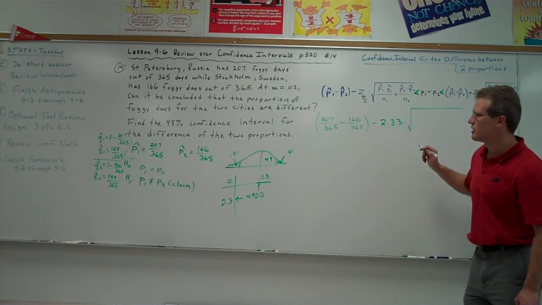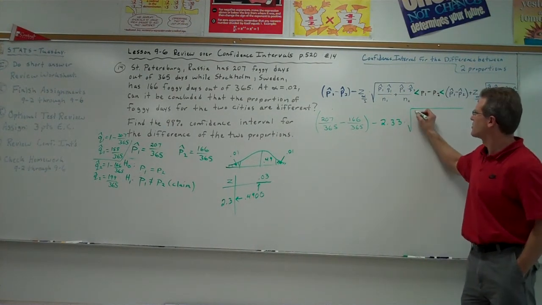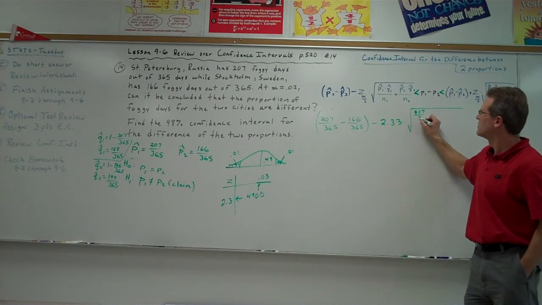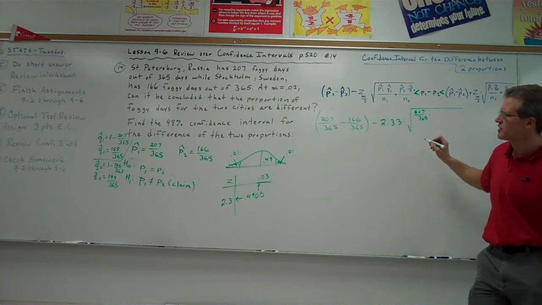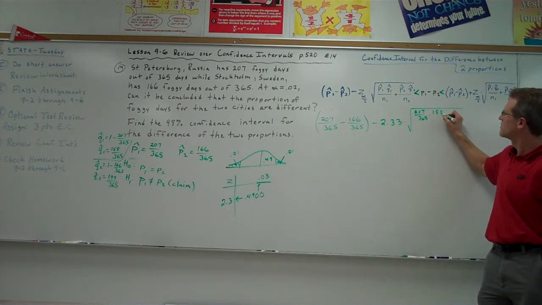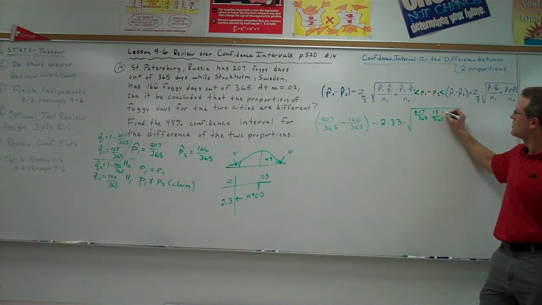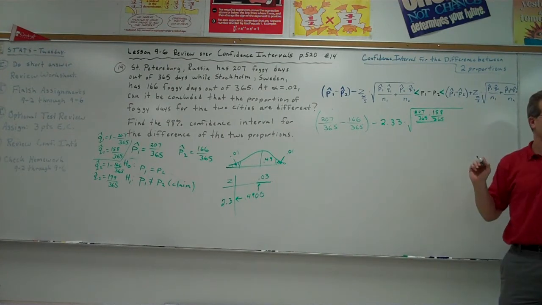So p hat sub 1, we said was 207 over 365 times q hat sub 1, which was 158 over 365, divided by n sub 1. What's n sub 1?